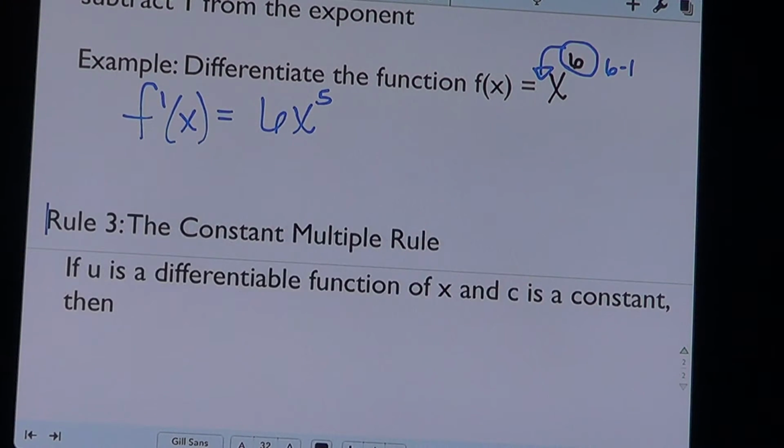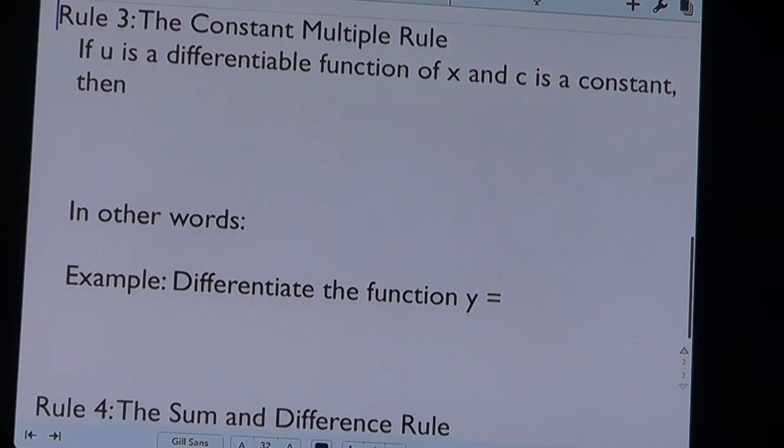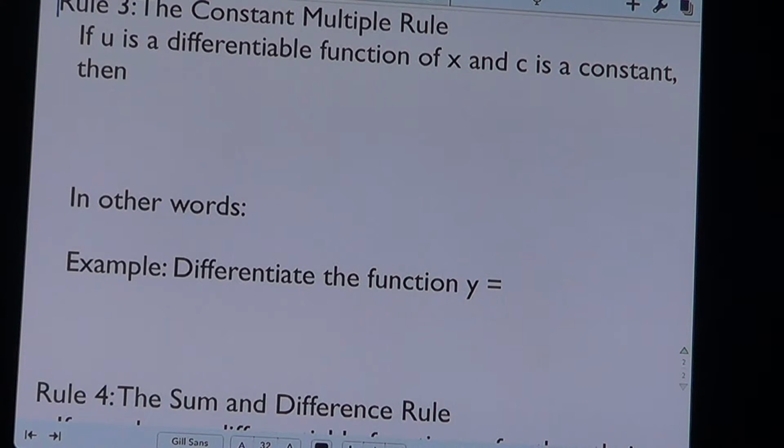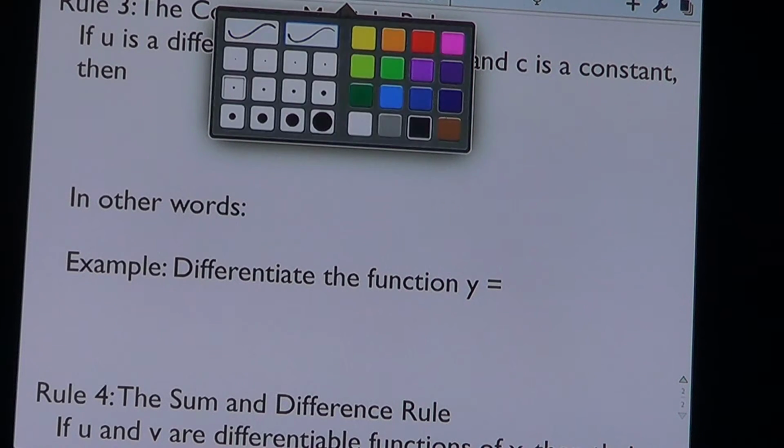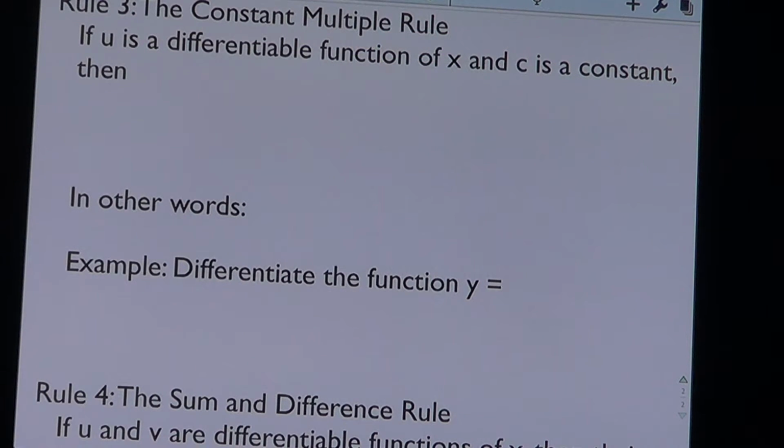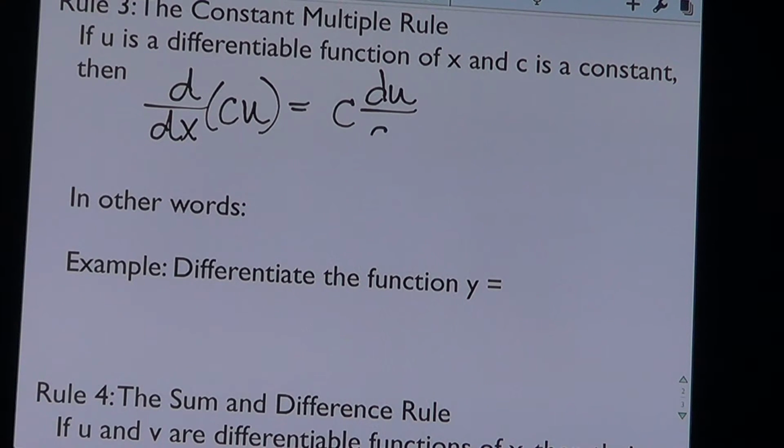the constant multiple rule. If u is a differentiable function of x and c is a constant, then the derivative of cu, the constant times the function, equals c times the derivative of u, du/dx.